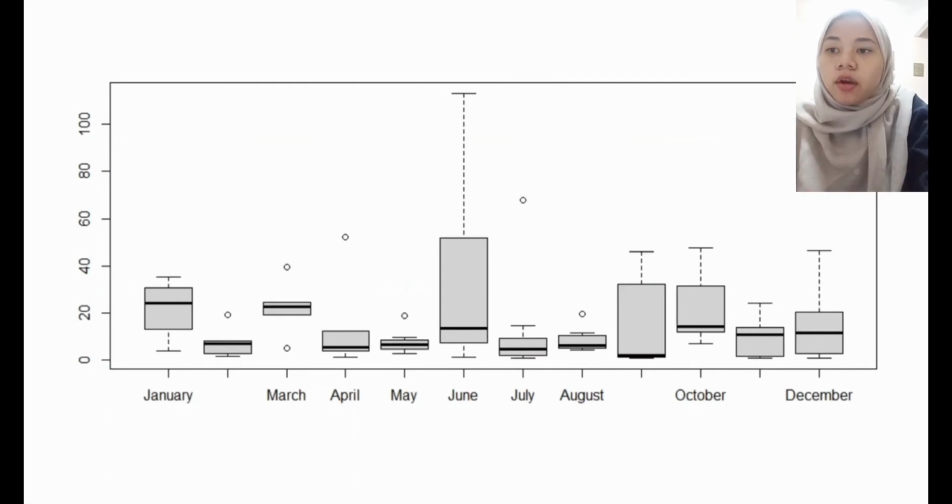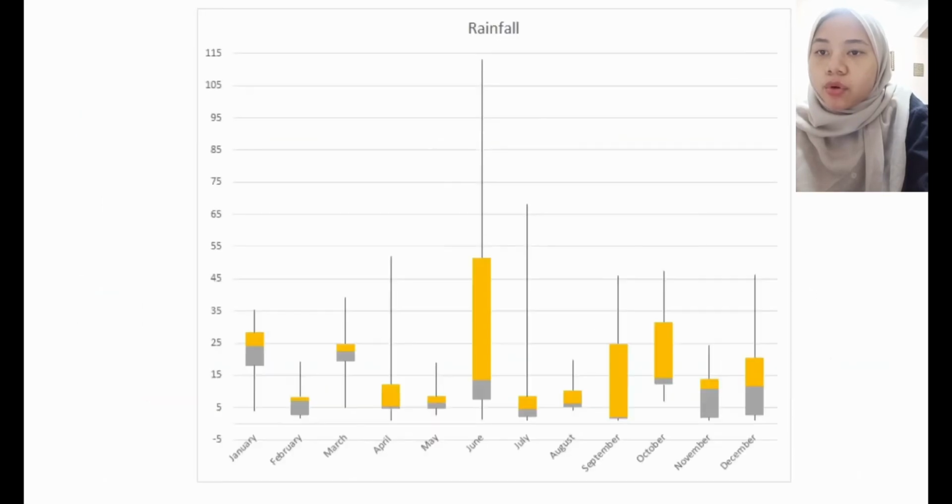As you can see from this box plot, the months of January, February, March and also November have a negatively skewed shape of distribution, and the other months, April, May, June, July, August, September, October and also December have a positively skewed shape of distribution.